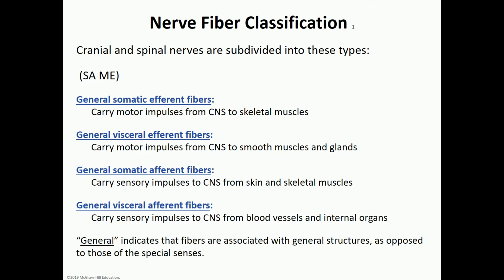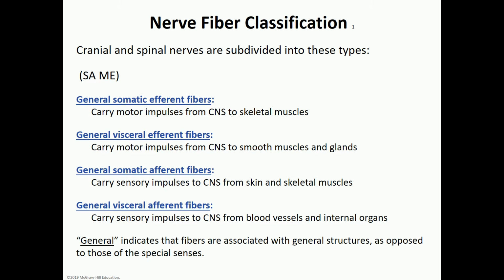Classification of different nerve fibers: they are subdivided into more types. These are your general fibers. General means that these fibers are associated with general structures. Compare that to your special structures. Special structures are related to special senses, and those are related to the head and neck.